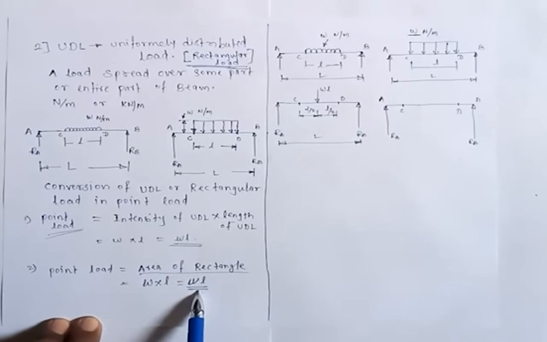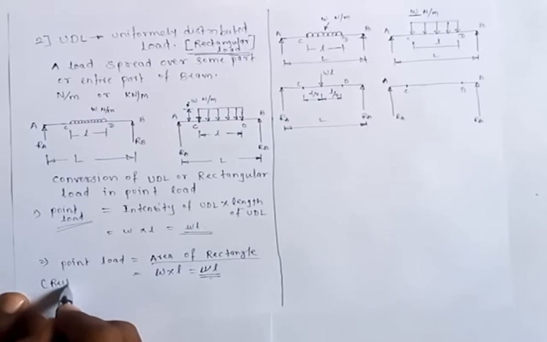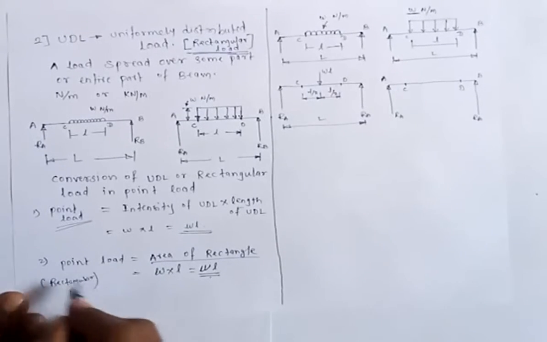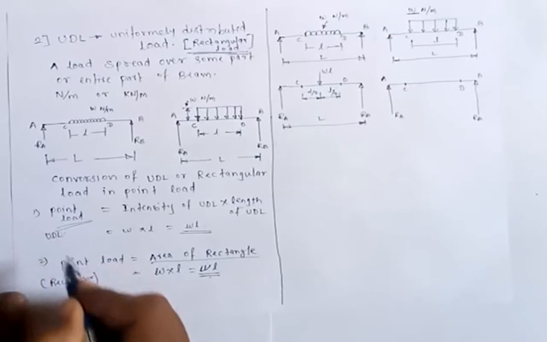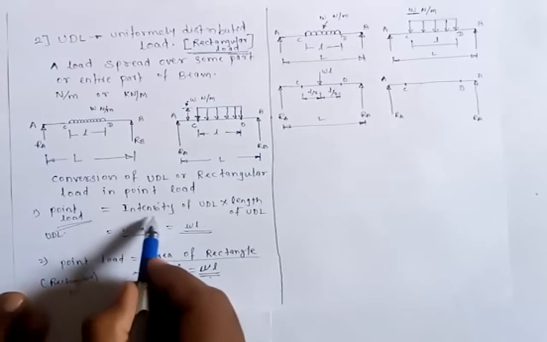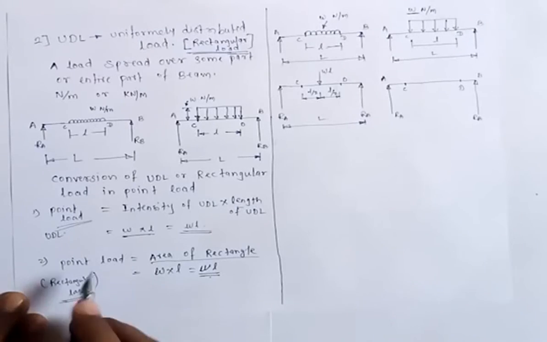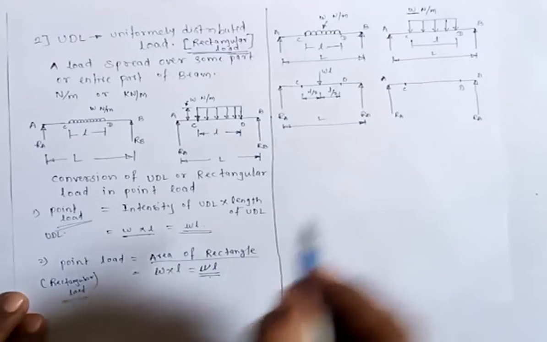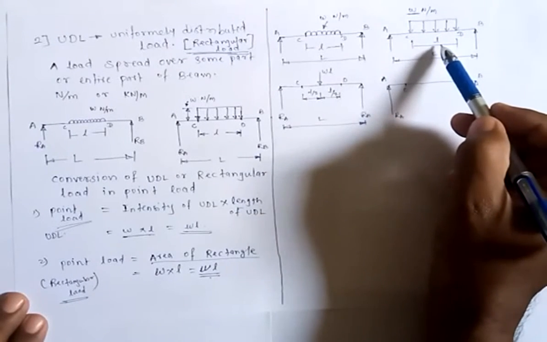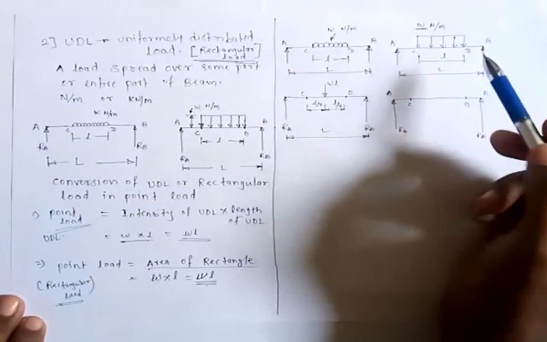So it is again W into L. This is for rectangular load and this is for UDL. So this is how the point load of the UDL is calculated: intensity into length, and point load of the rectangular load will be area of the rectangle. So here you can see intensity is W while length is L. So L multiplied by W gives us the point load.